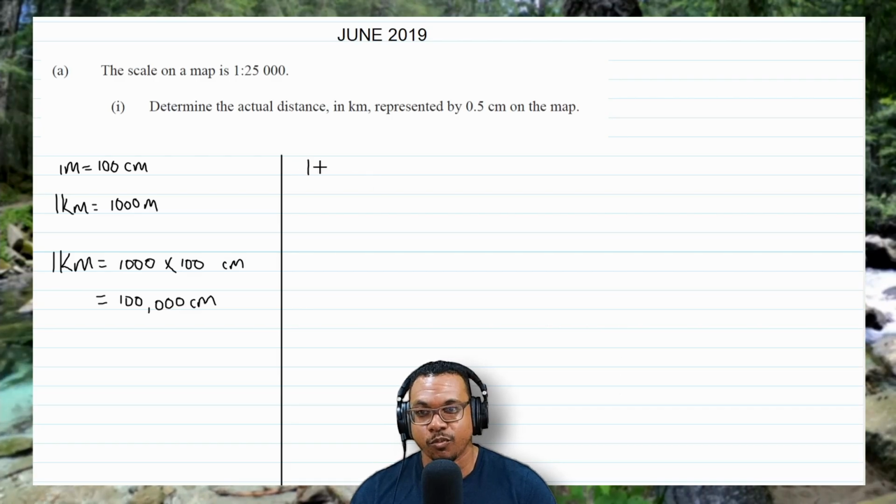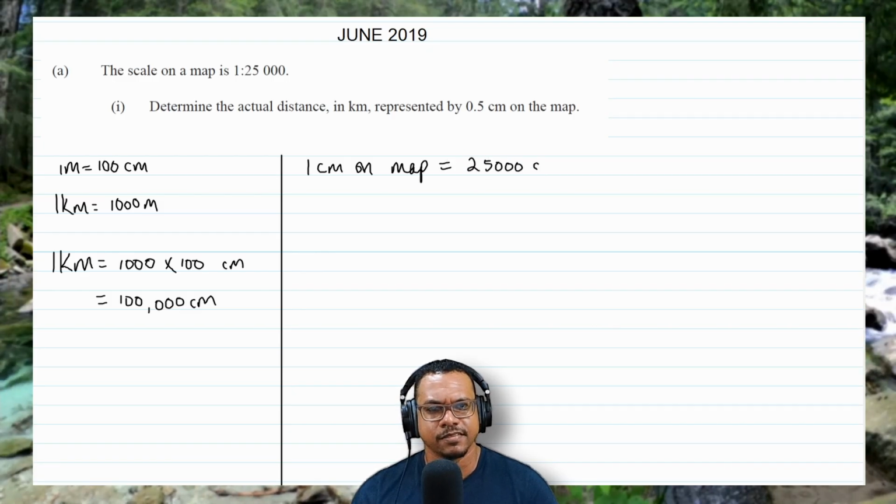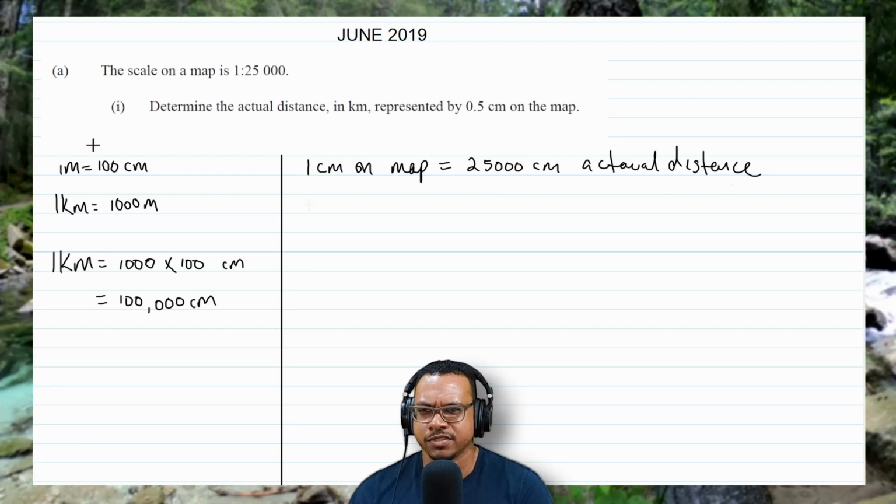So when we have this question as what is 0.5 centimeters on the map, what we have to know is that 1 cm on the map is equal to 25,000 cm actual distance. Now let's convert this to kilometers. So to convert this 25,000 centimeters in terms of kilometers, we'll have to divide this 25,000 by 100,000.